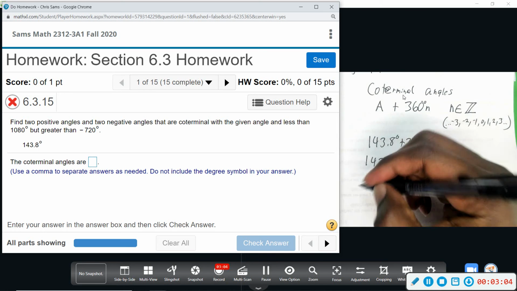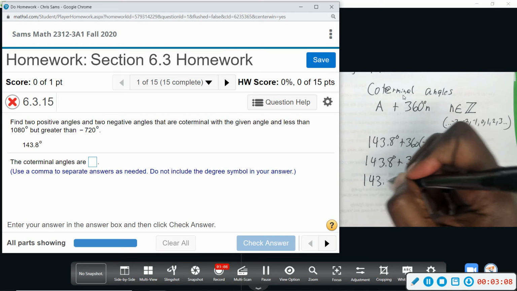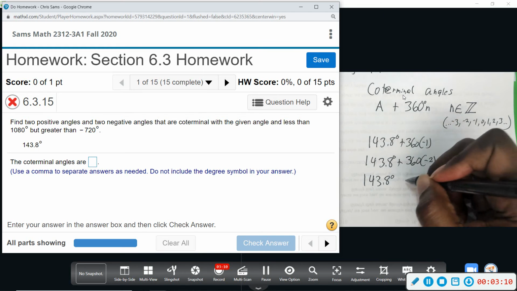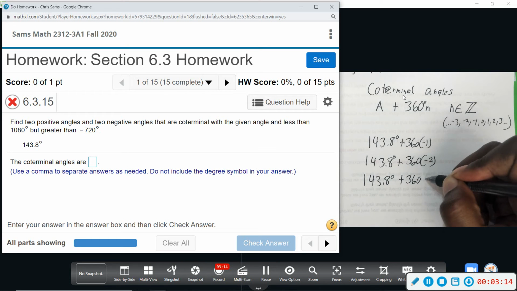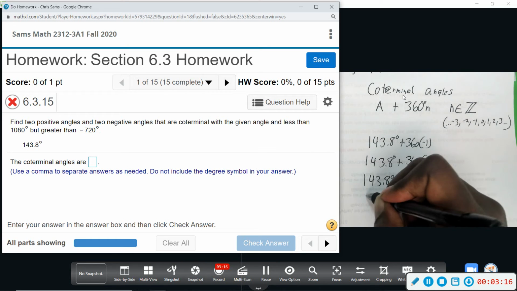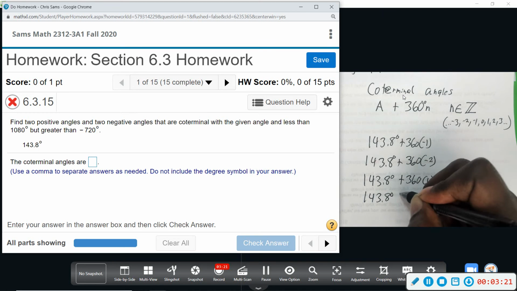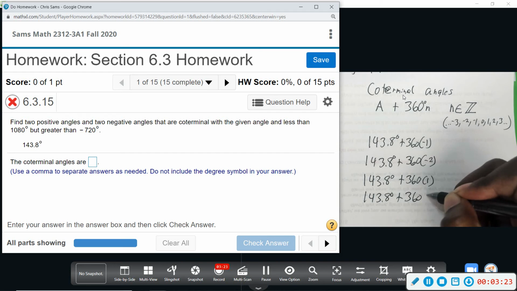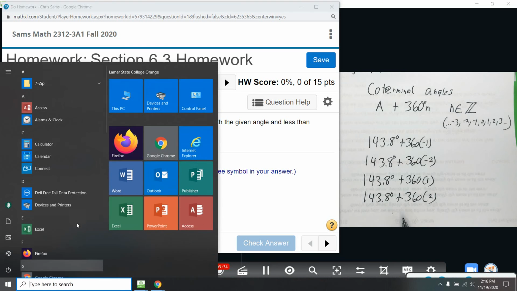It's going to give me 2 positive and 2 negative: 143.8 degrees plus 360 times 1, and then 143.8 plus 360 times 2. So it's going to give us 2 positive and 2 negative angles that have the same position, which is what we mean by coterminal with the given angle.